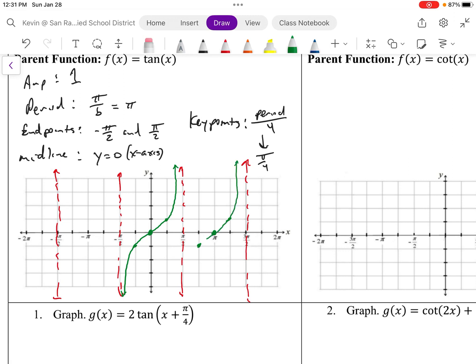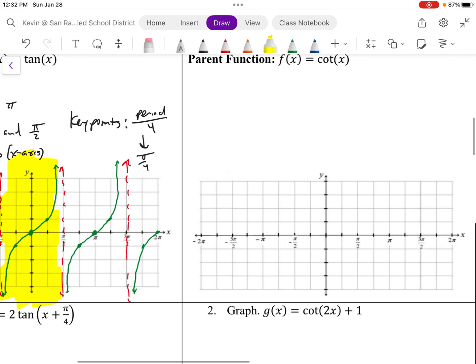So this would come down. If we want to do it over here, same thing. If you wanted to fill the whole graph, you would do this. But this right here is one period from asymptote to asymptote.